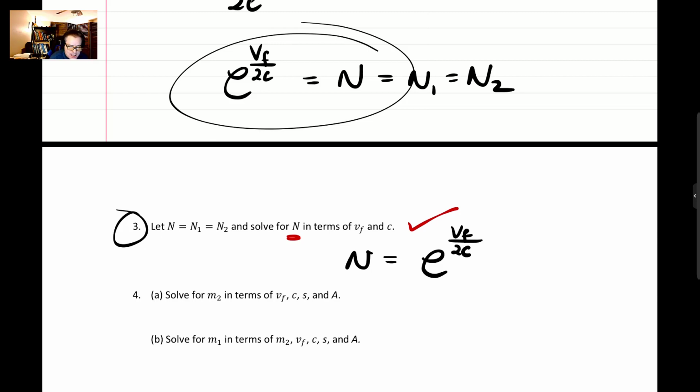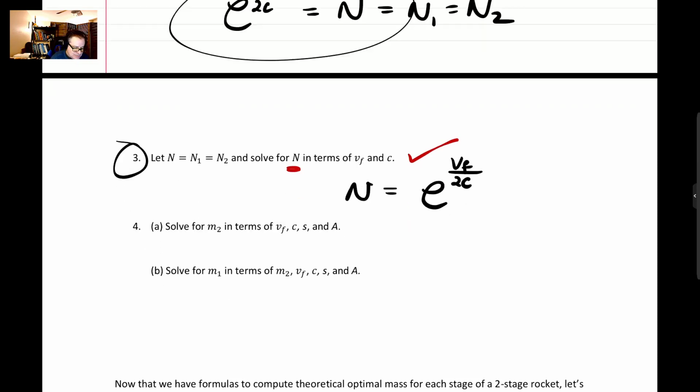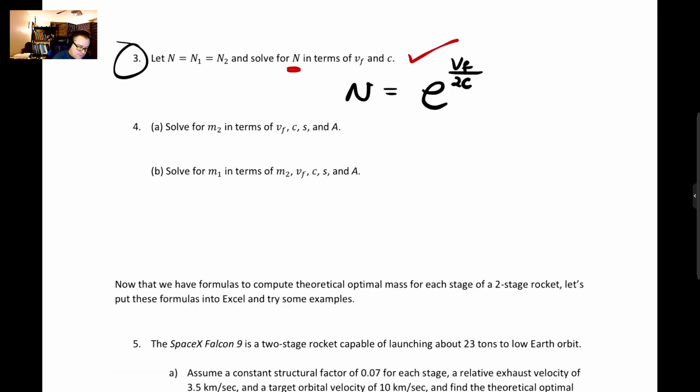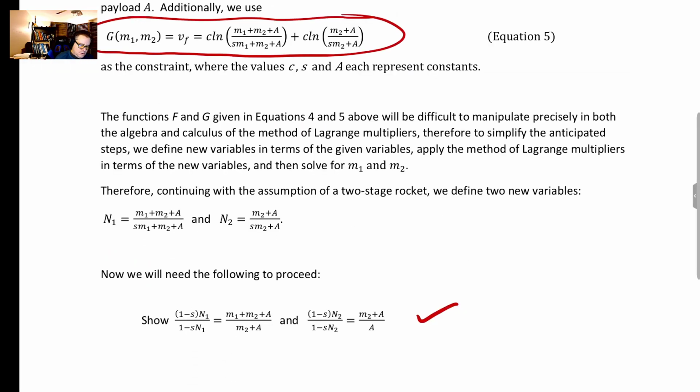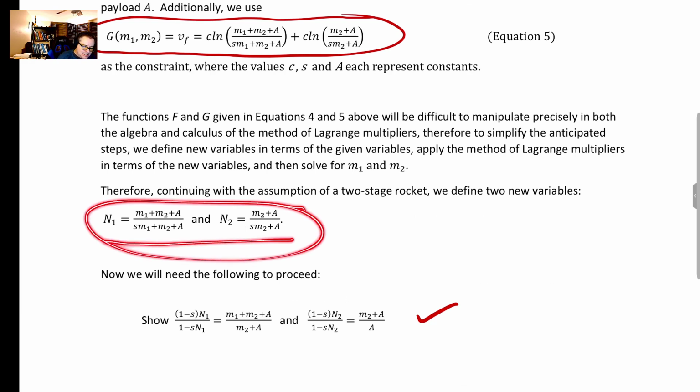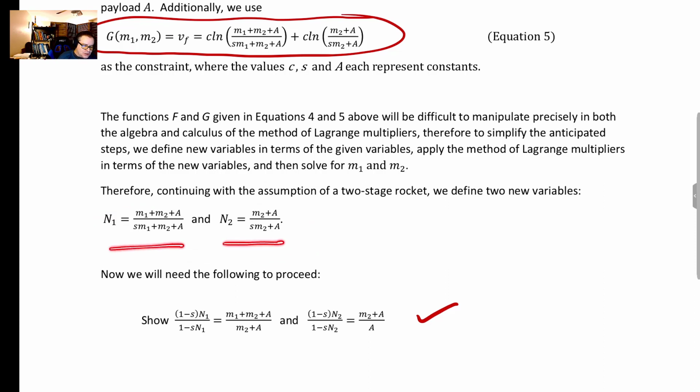Under that assumption, we're headed toward an exact solution, because now that we have n, which is both n1 and n2, we can go back and solve for the original values m1 and m2. How do you do that? We're really close. Once I have that, I'll start looking at some examples. We need to scroll way back to a very early stage in this process where we defined the values n1 and n2 in terms of our original stage masses.